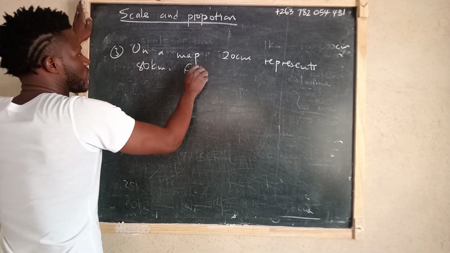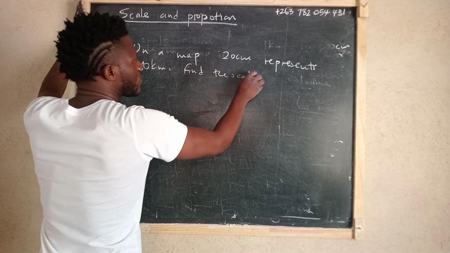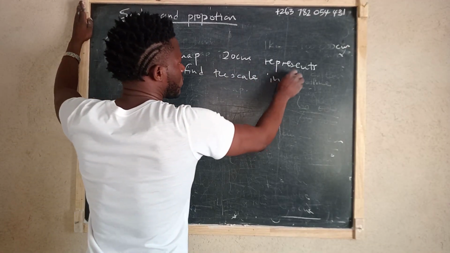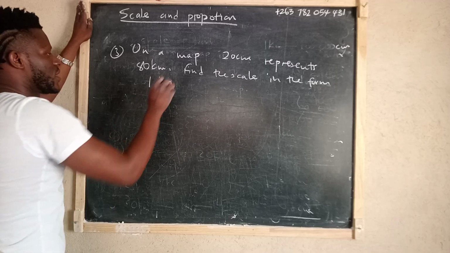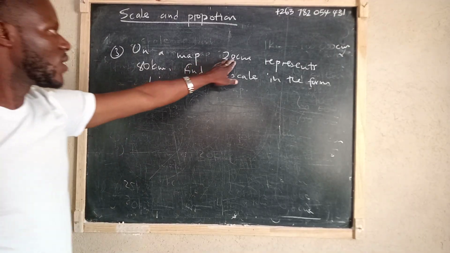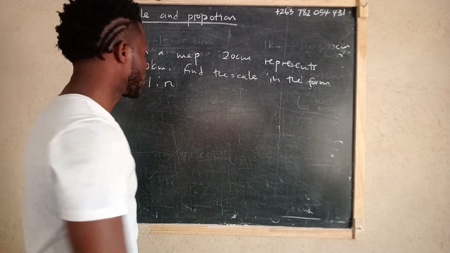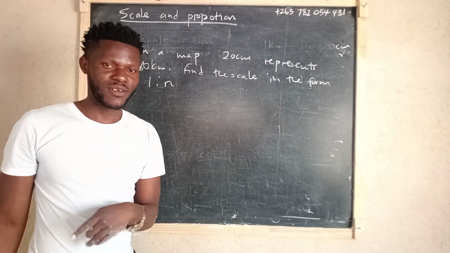Find the scale in the form 1:n. A road on map is 20 centimeters, but on actual ground it is 80 kilometers.